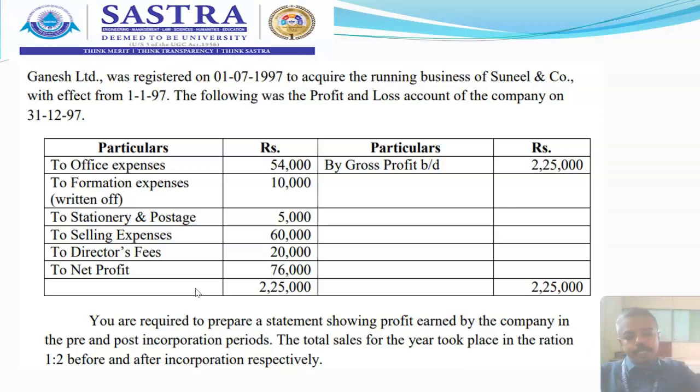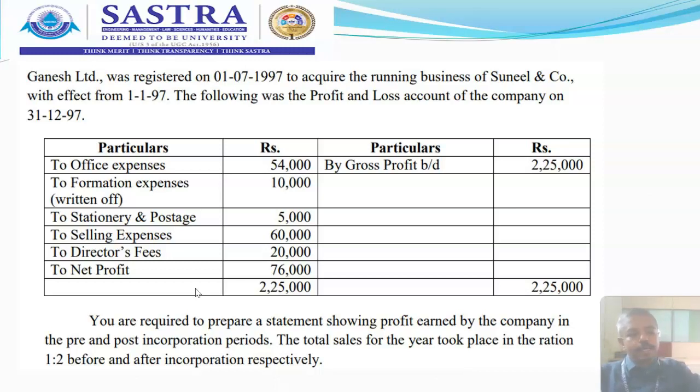So here the director's fees happen to be only in the post-incorporation period. So here neither the time ratio nor the sales ratio applies, because the name of director itself comes into the picture only after the registration of the company, after getting incorporation.